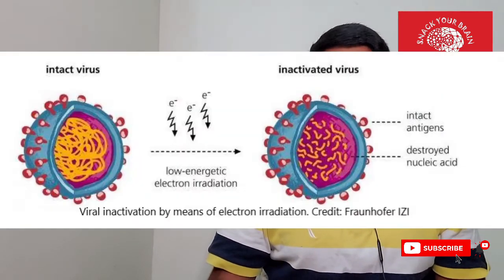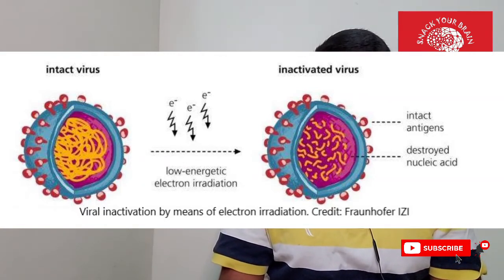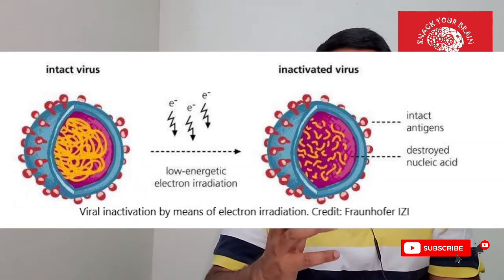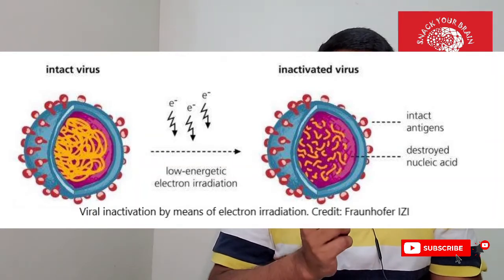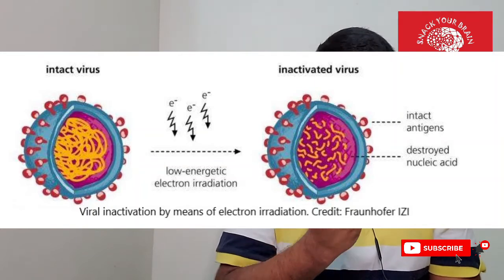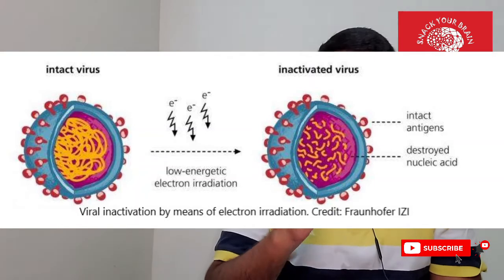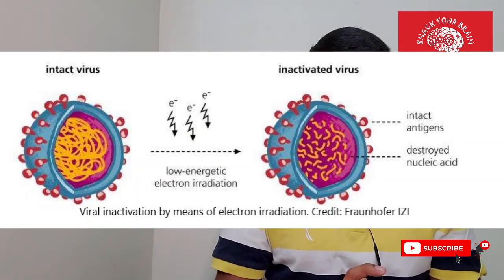So the first type, inactivated vaccines. In this, the viruses are cultured or grown in a manufacturing bioreactor or in labs inside a host cell, and after it's grown, they are purified. They rupture all the other cells and collect this virus alone, and they inactivate it. They kill this virus by using ultraviolet radiation or heat or some formaldehyde based chemicals.